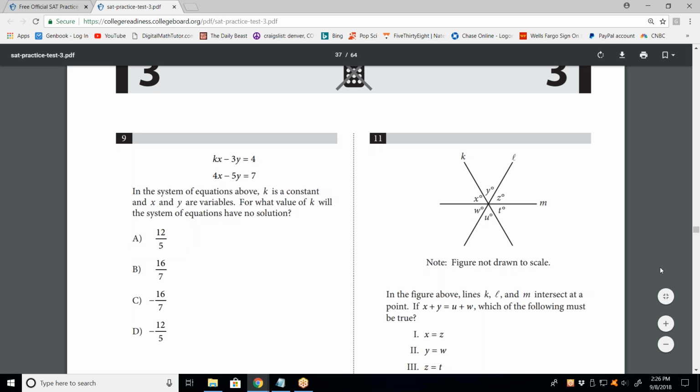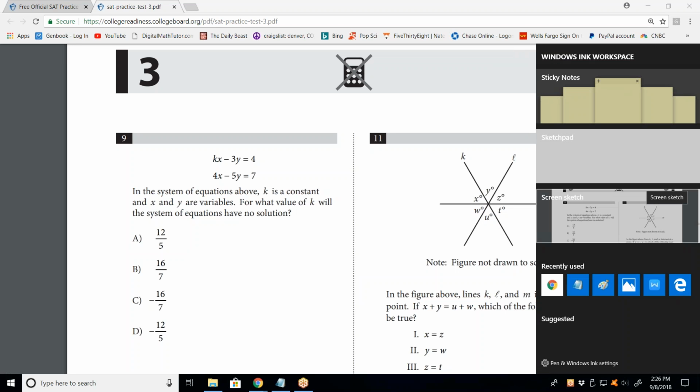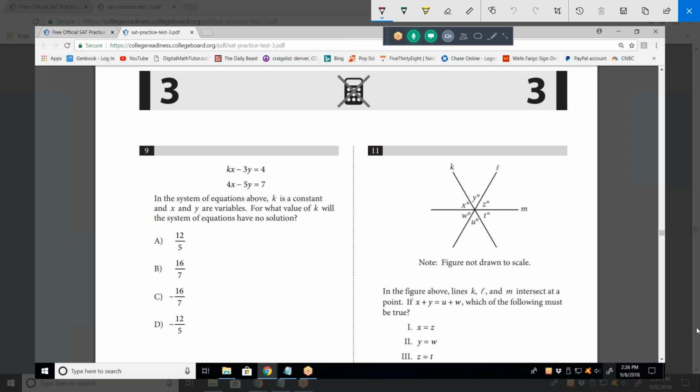So here, let me draw that information on there. X plus y, this angle right there, is equal to u plus w, this angle right here.